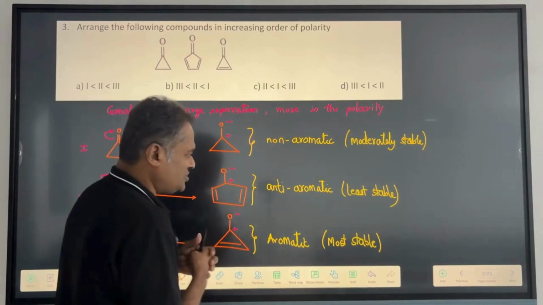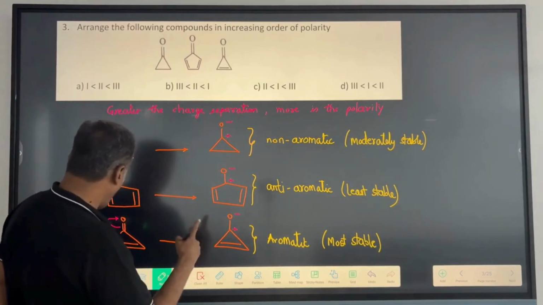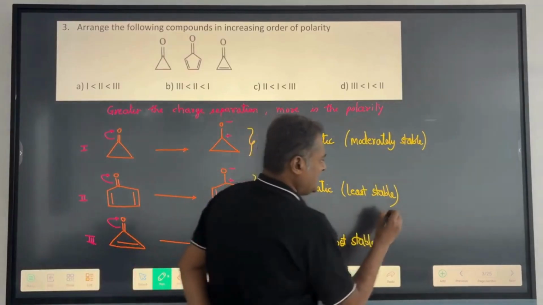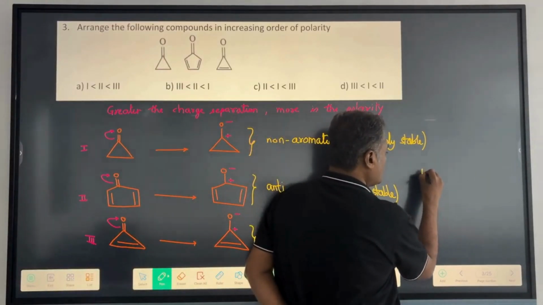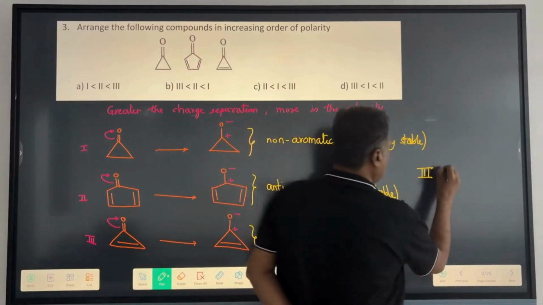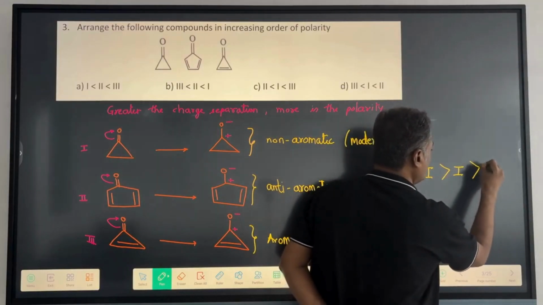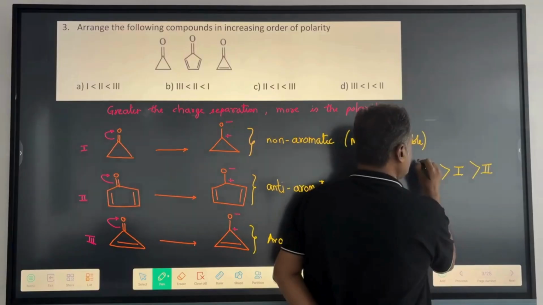So overall, the polarity will be maximum for the third compound. Then compound number 1, and then compound number 2 will be the least polar.